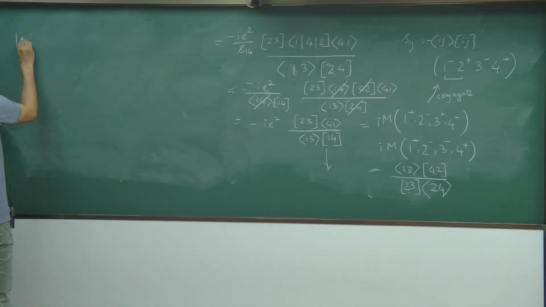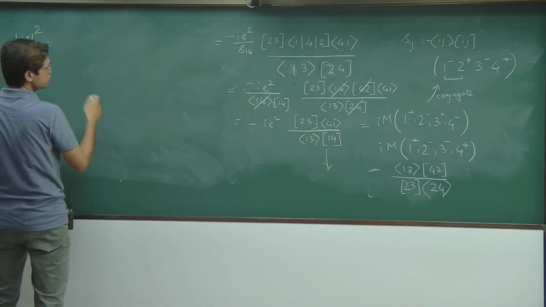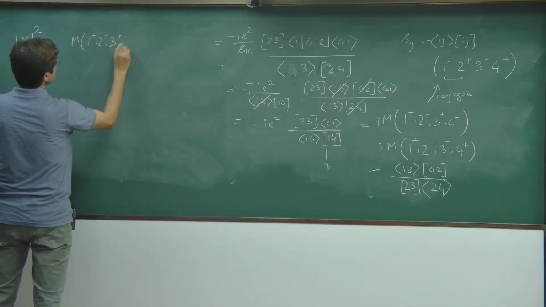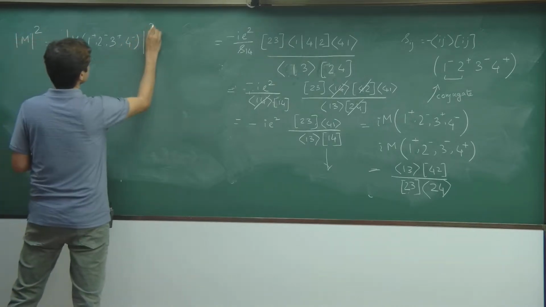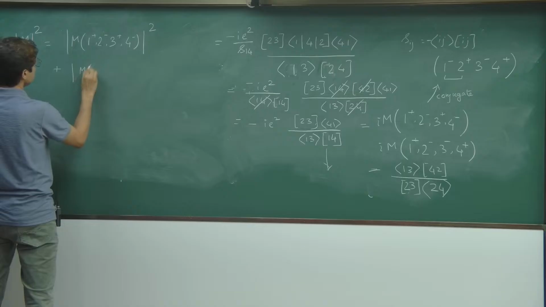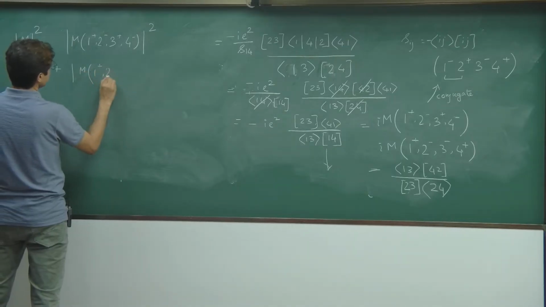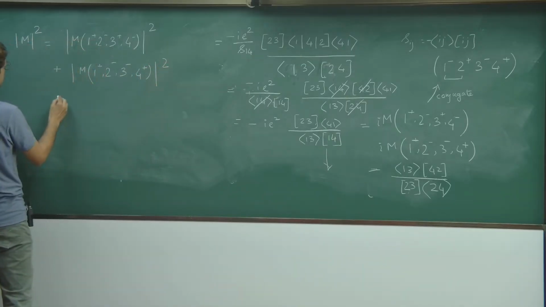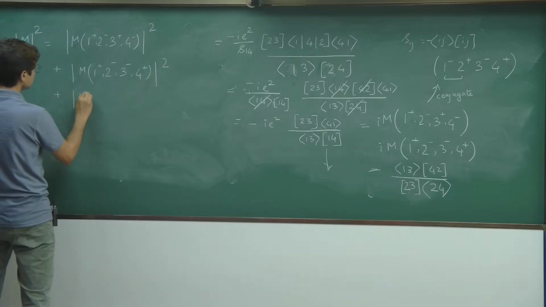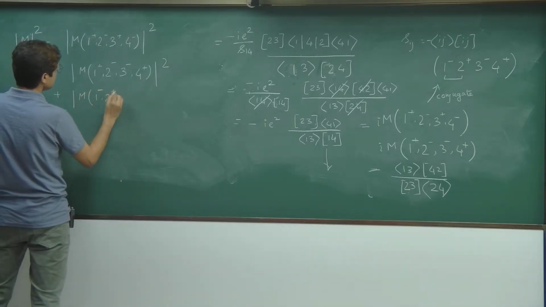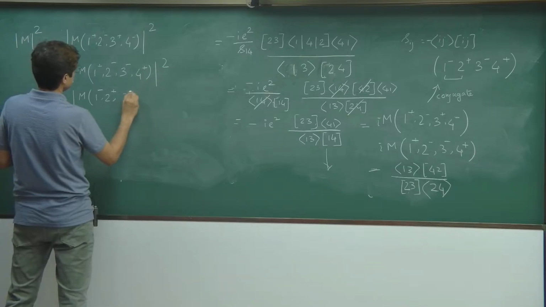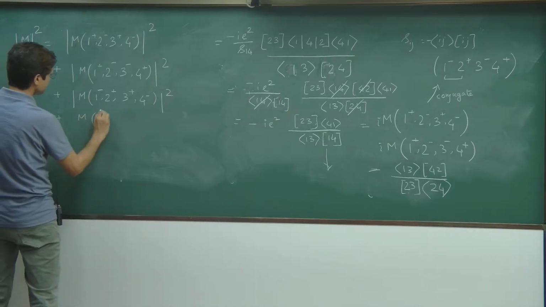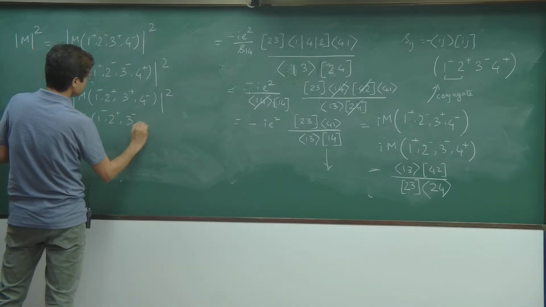So mod m square is equal to m 1 plus 2 minus 3 plus 4 minus square, plus m 1 plus 2 minus 3 minus 4 plus square, plus m 1 minus 2 plus 3 plus 4 minus square, plus m 1 minus 2 plus 3 minus 4 plus square.